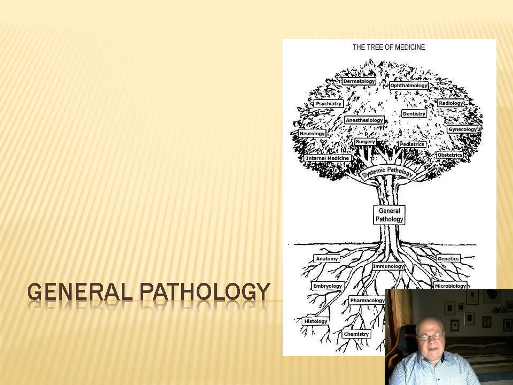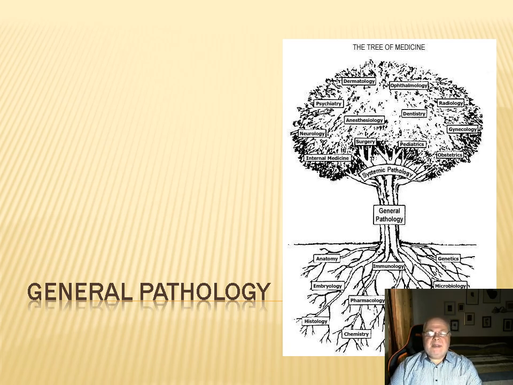For the moment, in the first semester, we are studying what is called general pathology, followed in the second semester by systemic pathology, as you can see in this image from Robbins.